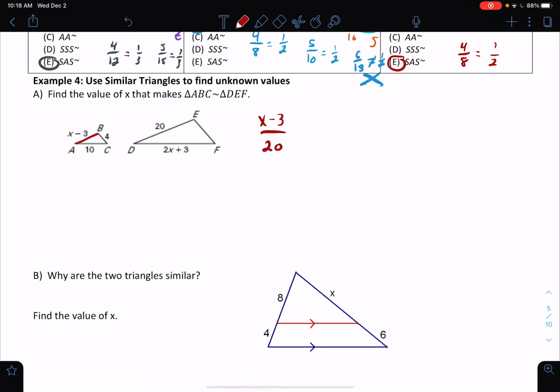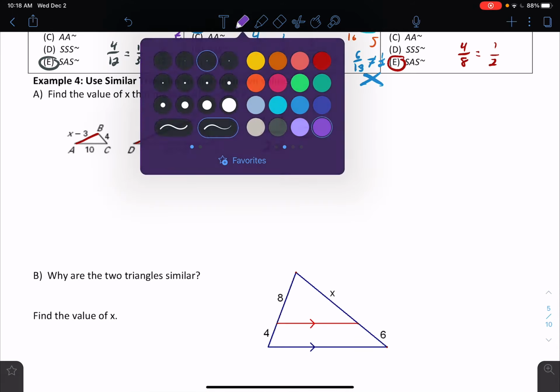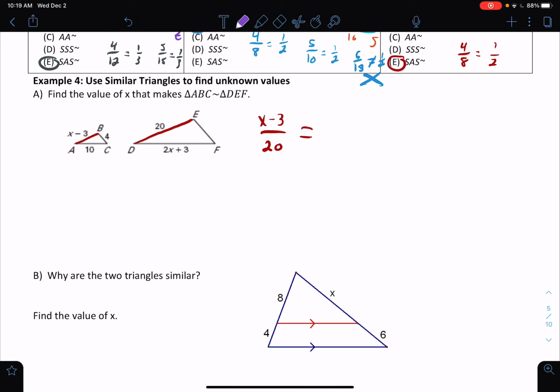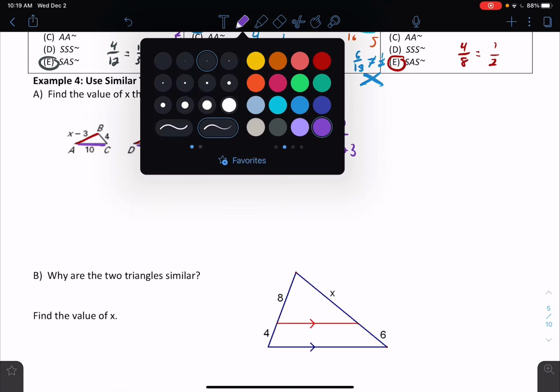And then that's going to equal, since I started with x minus 3 on top, I need to start with 10 on top here from the first triangle. And AC matches up with DF, which is 2x plus 3. All right. So we've got our proportion. Now we just need to cross multiply and solve.